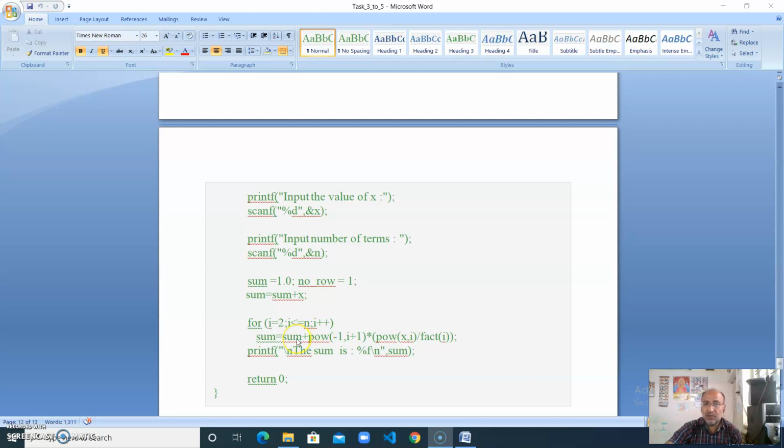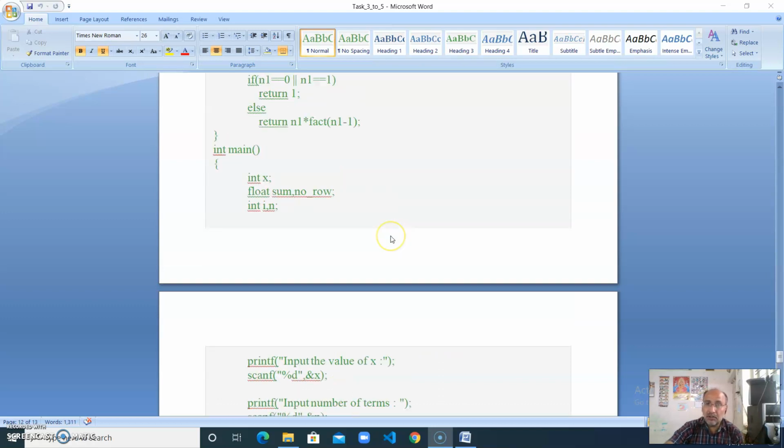Now, sum equals sum plus pow. Before going to explain this, I will explain this one. Pow x comma i by fact i. Pow x comma i means x squared, x cubed, x to the power of 4, like this, by factorial.